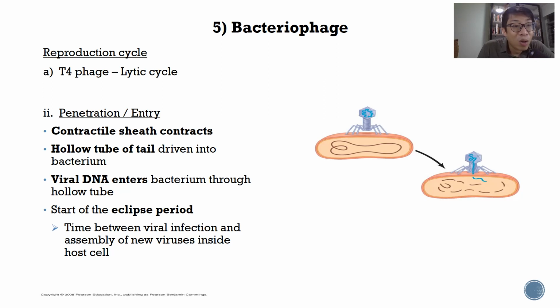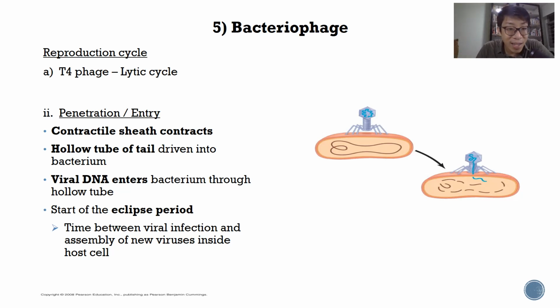Right, and because it's a hollow tube, the viral DNA, the linear double-stranded DNA, is able to pass into the bacterial host cell through this hollow tube, and that would be the start of viral infection, and that is the start of what we call the eclipse period. We'll look at it in more detail a bit later in terms of all these different periods.